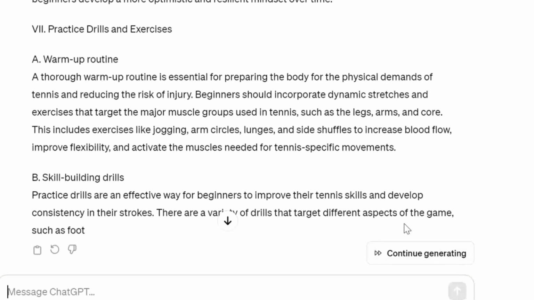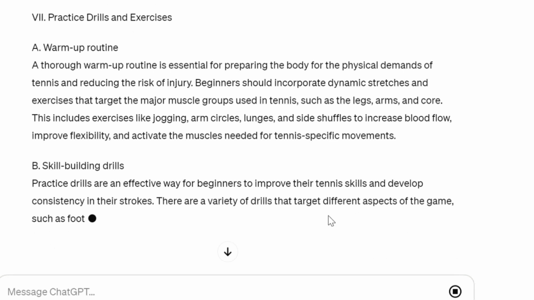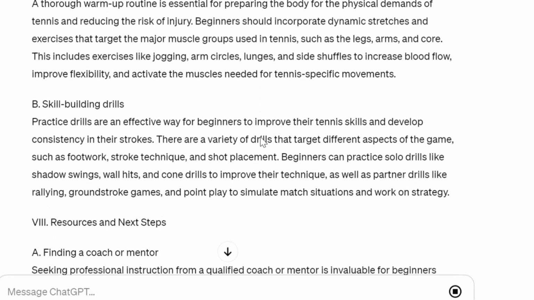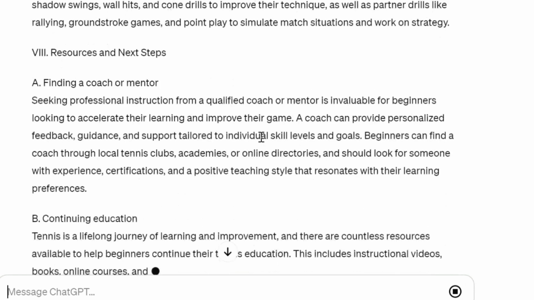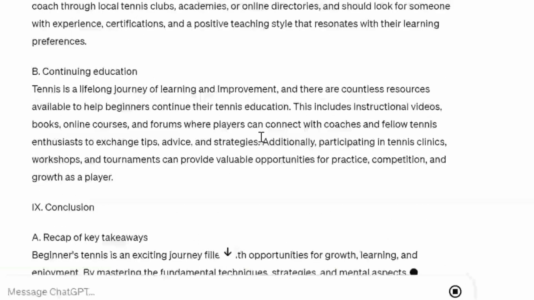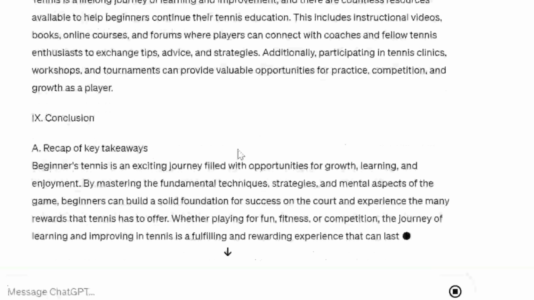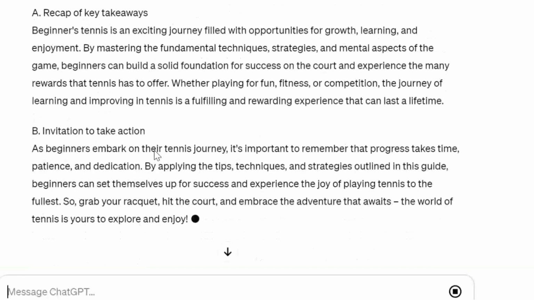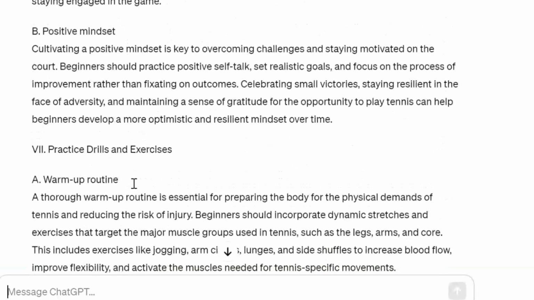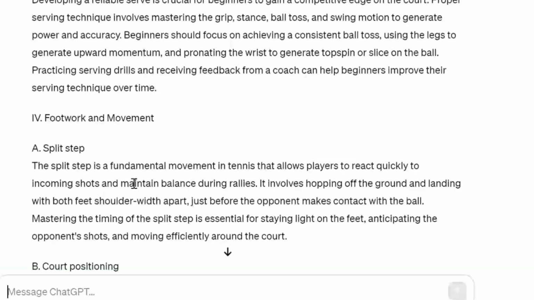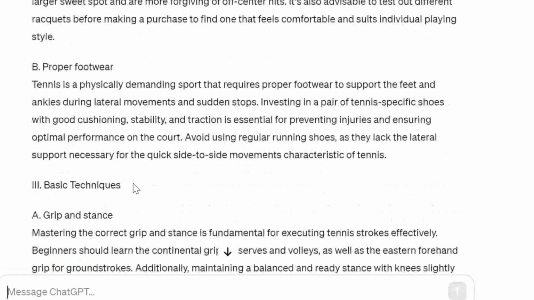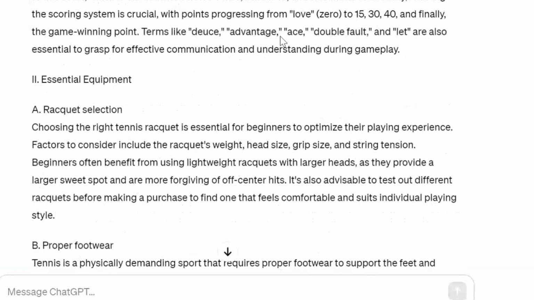Okay, it hasn't generated, so let's just continue generating. Resources and next steps, continuing education, recap of key takeaways. So it's not explaining the words deuce, advantage, ace, double fault, and let. So that's something that you can go on to explain or expand on in basic rules and terminology.